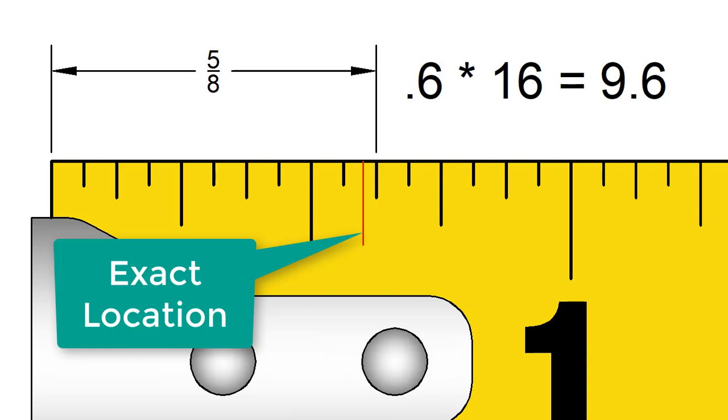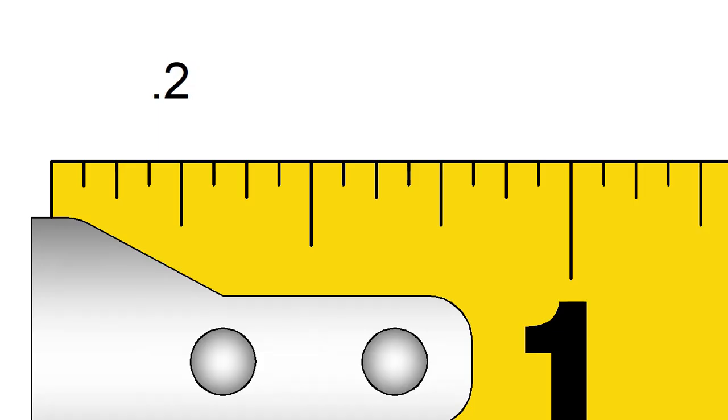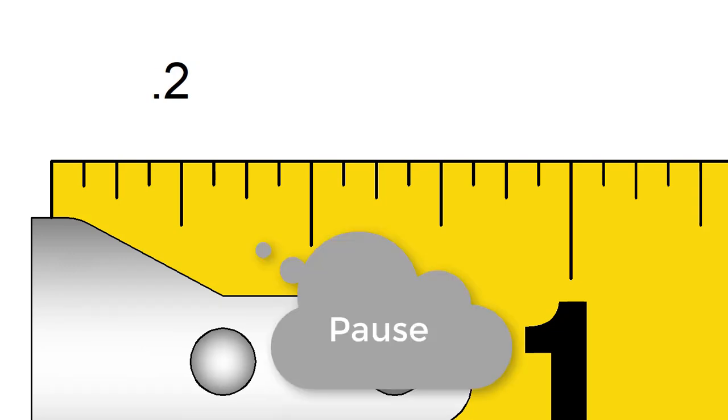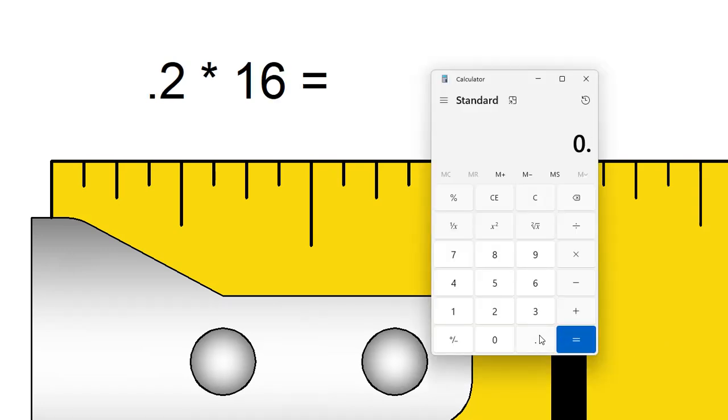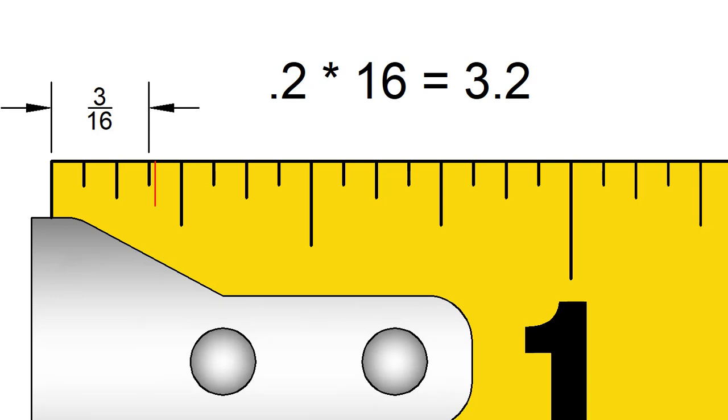It is very close to the halfway point. Here is one last one to try to be sure you are getting these. A measurement is 0.2 inches long. What is the nearest fraction on our tape measure? We multiply 0.2 by 16 and we get 3.2. That is just past 3/16 and it would fall here on the tape.